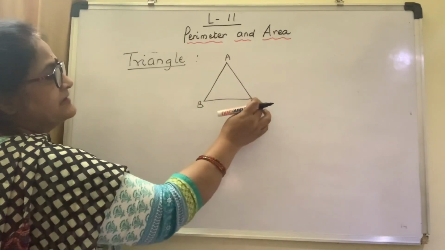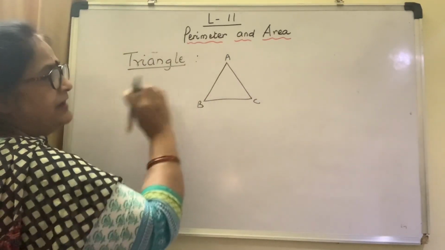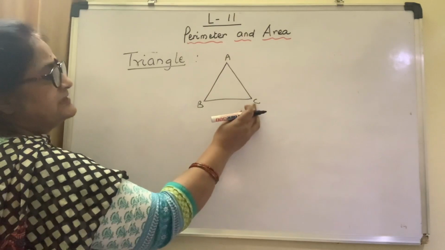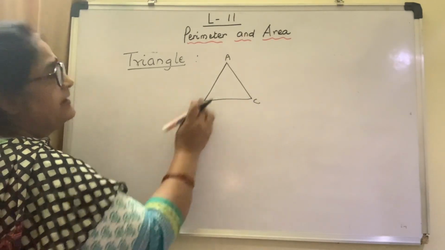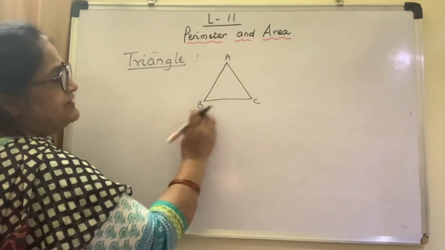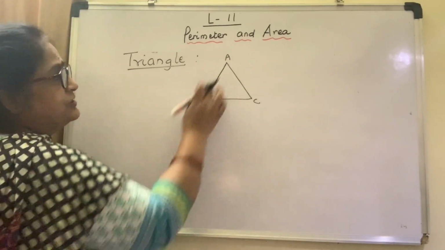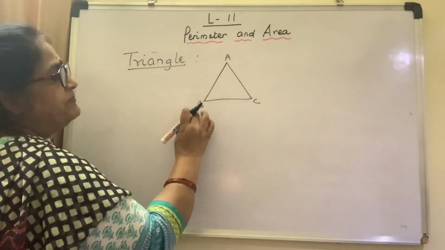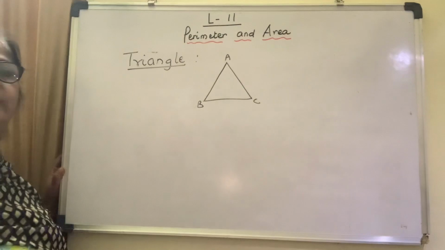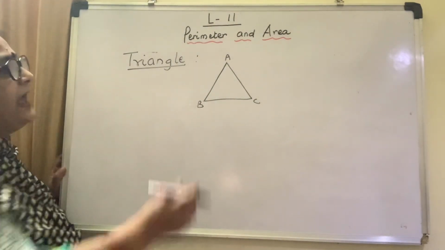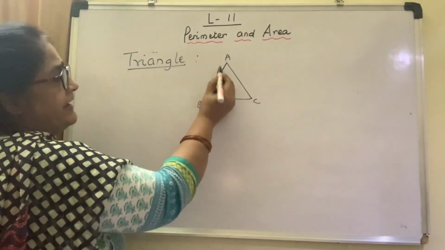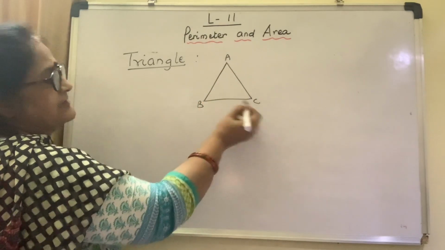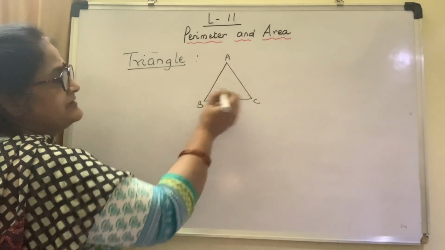AB meets CA at A, AB meets CB at B, AC meets BC at C. So these points A, B and C are known as the vertices, and AB is a side, BC is a side, AC is a side.